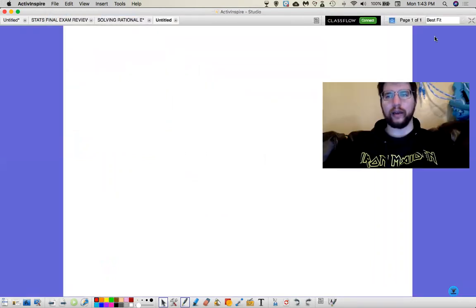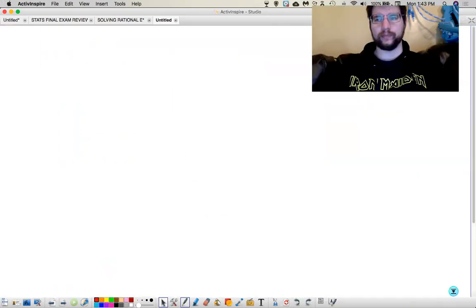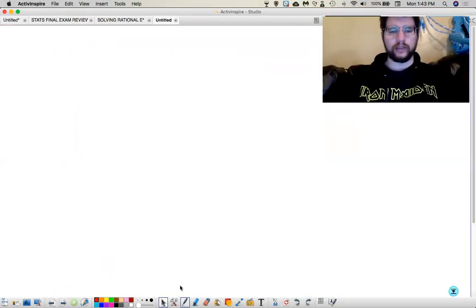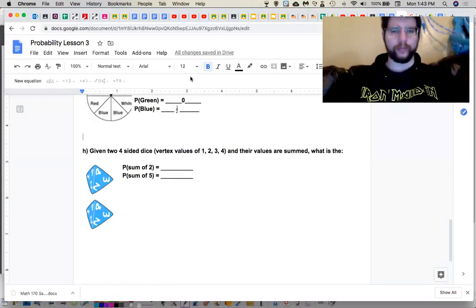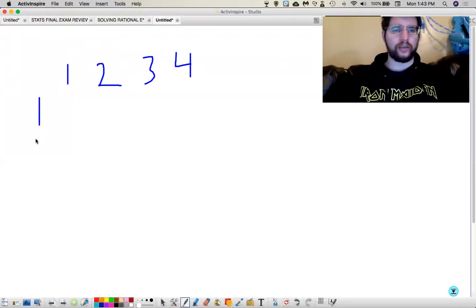You might be able to think about it, but let's just see it. So the first die, I'm going to put it as the rows, 1, 2, 3, 4, right? It's a normal D4. And the second die, 1, 2, 3, 4. Yes, the singular of dice is die. So now let me sum them.